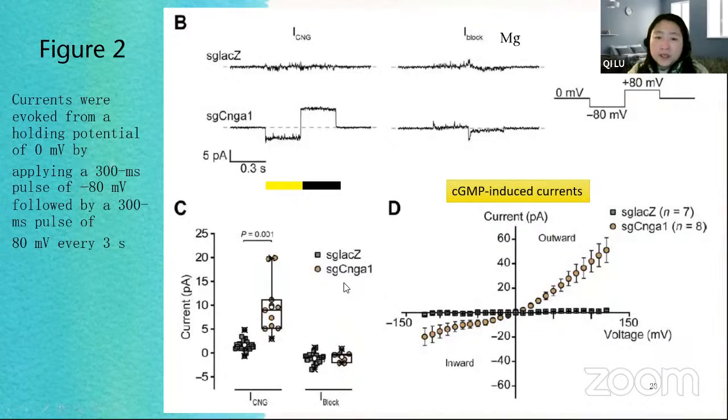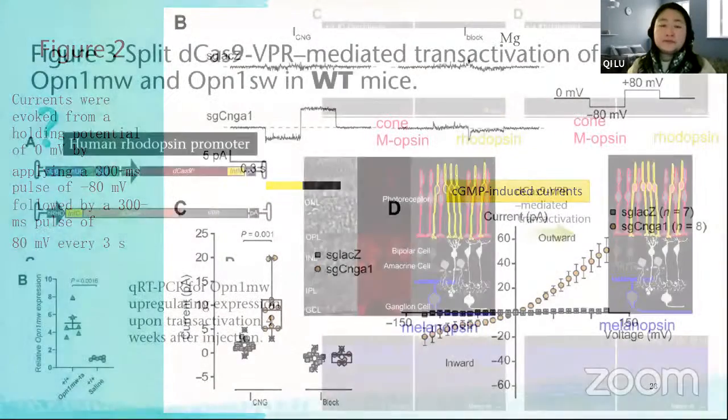With this transcript activation system, there's a current expression. So there's a current shown, and the IV curve looks like this and shows a cyclic GMP induced current.